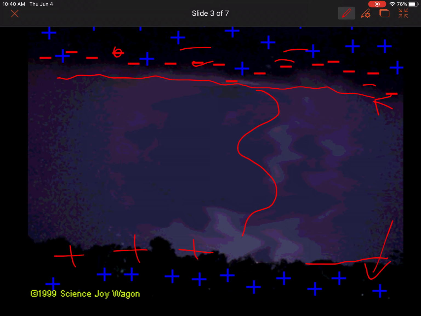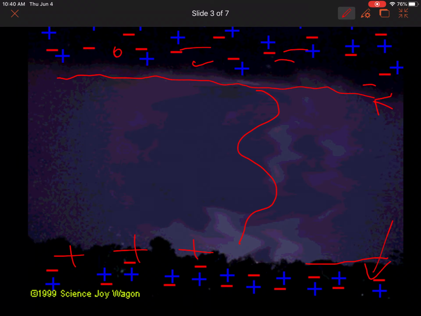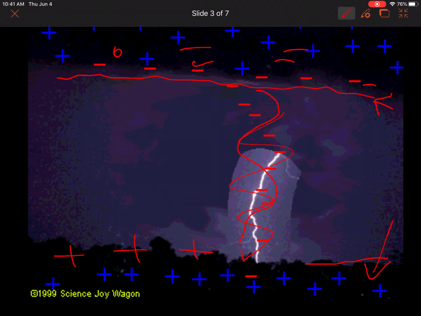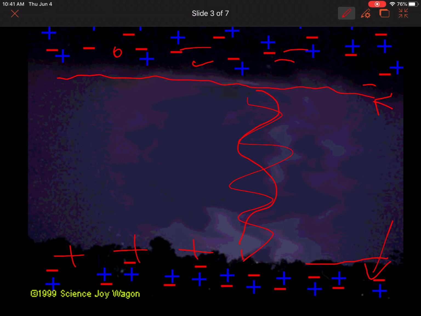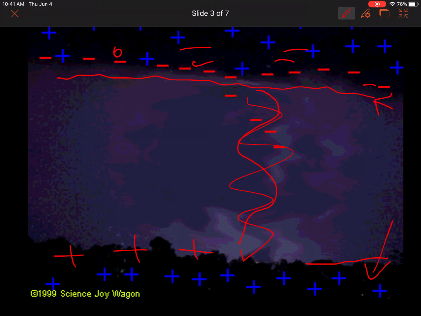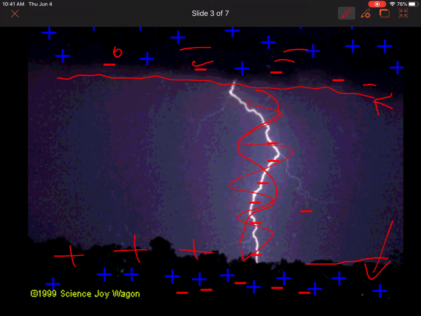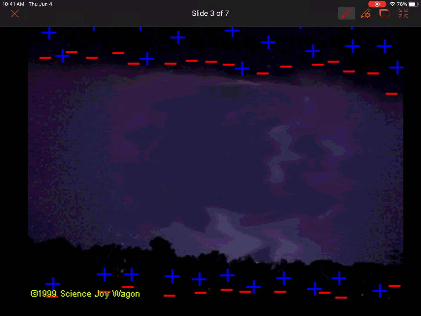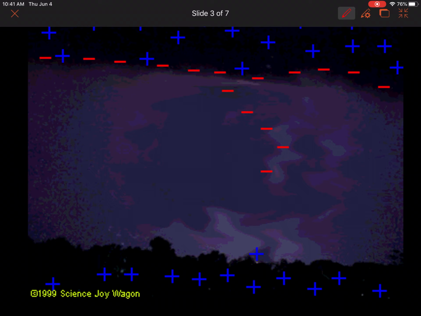Once they hit the earth, we get what's called a discharge of electricity, and that's when you're going to see your lightning bolt strike. So you need to draw yourself some sort of little diagram of how that works. I'll just erase my markings here so you can see it. So draw yourself a diagram in that box there.